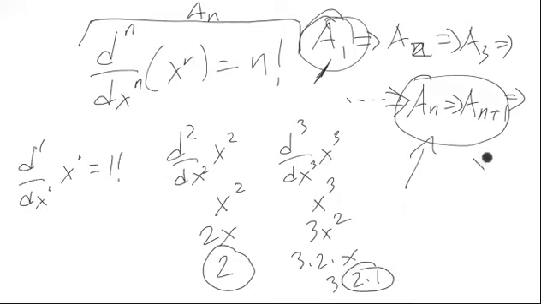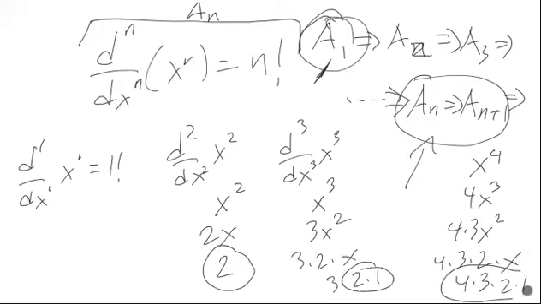And if we do x to the fourth, let's just write it out like this. 4x cubed, 4 times 3, x squared, 4 times 3 times 2 times x, and 4 times 3 times 2 times 1. Notice that in here, see this 3 times 2 times 1 that appears here. So you notice the previous step occurring in the next one up.